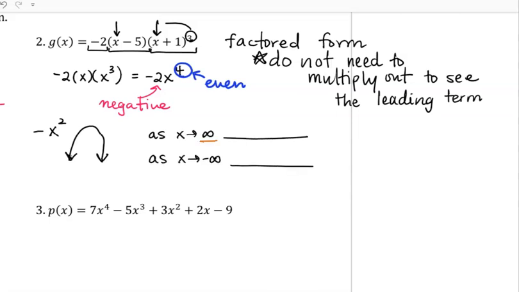Well, as x goes off to the right, on the right side of the graph, the polynomial is going off to negative infinity. It is pointing down. As x goes off to the left, off to negative infinity, the polynomial is also dropping down to negative infinity.